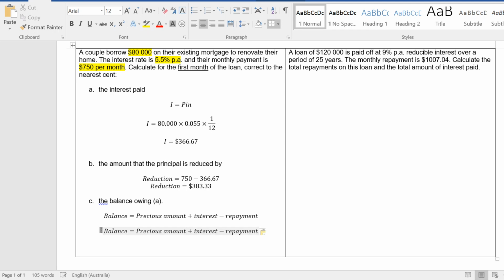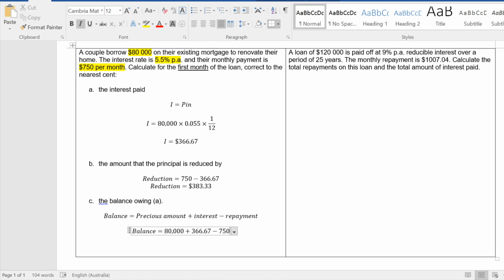Now, when we talk about the previous amount, there really was no previous amount. We're at the starting point. So we use our original sum of $80,000. The interest, as we already mentioned, was $366.67. The repayment, as highlighted in the question, was $750.